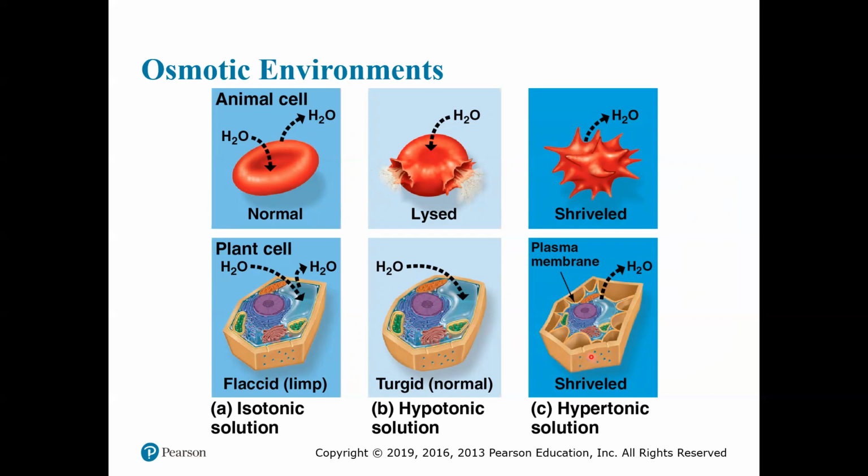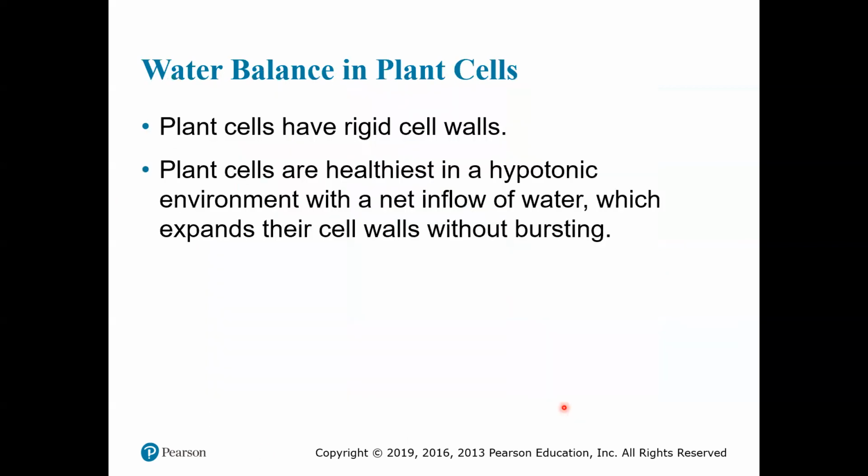However, if the plant is shriveled and wilted, then it will be in a hypertonic solution, and that plant cell will lose water and cause that cell to shrivel. In isotonic solutions, you'll have a normal animal cell, and you'll have what's called a limp or flaccid plant cell. So it's not wilted, but it's getting to that state. So plants are happy under turgid conditions, and animal cells are happy under these normal isotonic conditions.